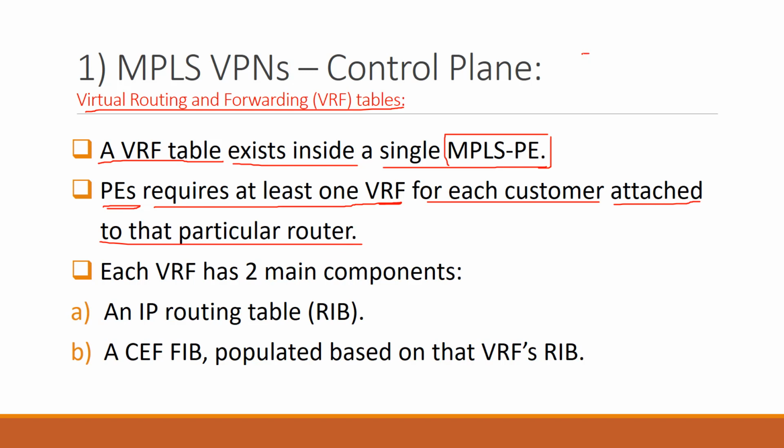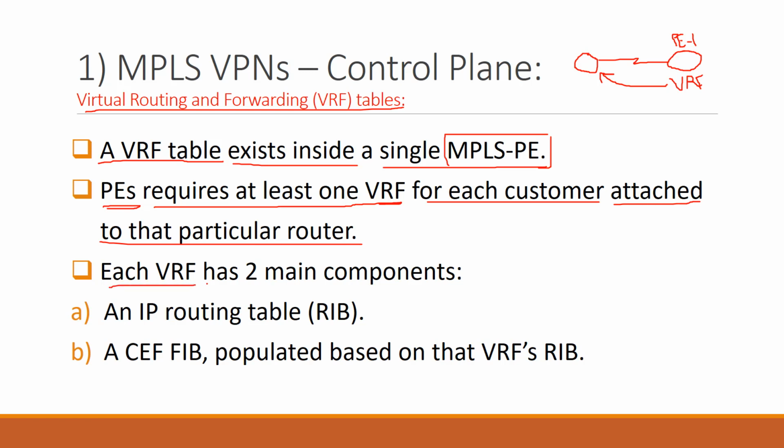When we saw that customer edge 1-A router connected to provider edge 1, this provider edge 1 router requires at least one VRF table dedicated for this customer, and at least one. We can use more, but we will only choose one in this demonstration.